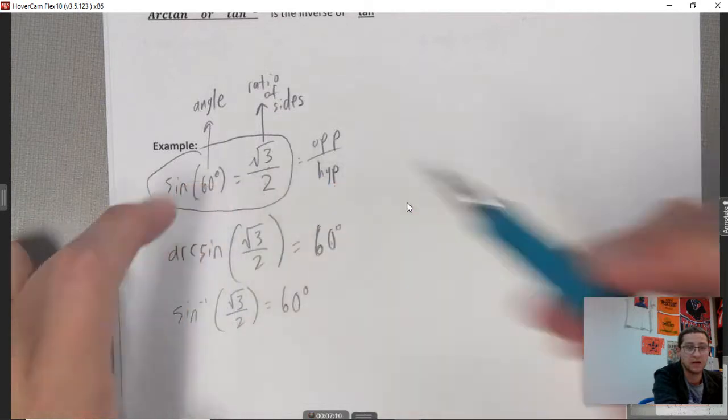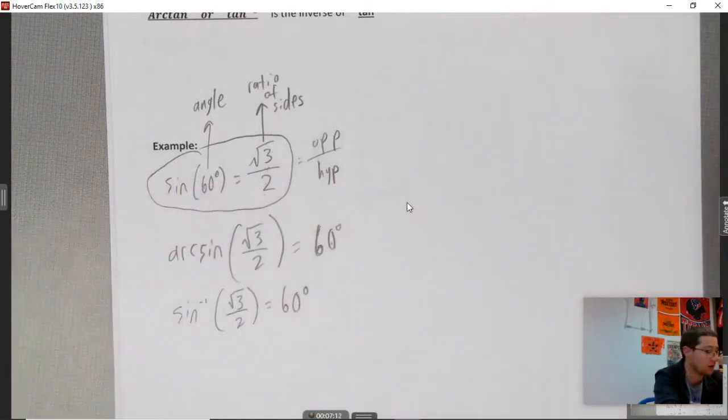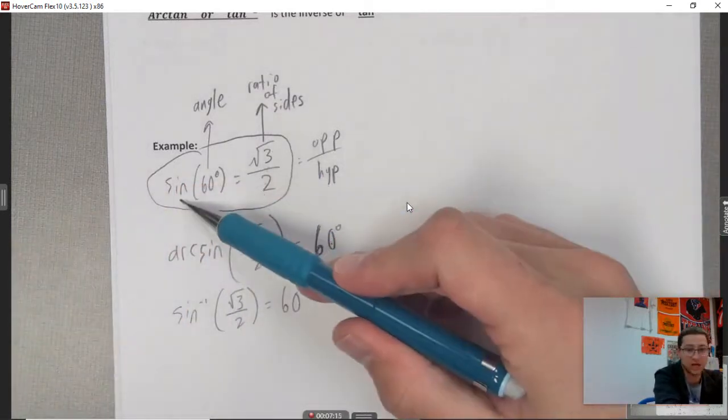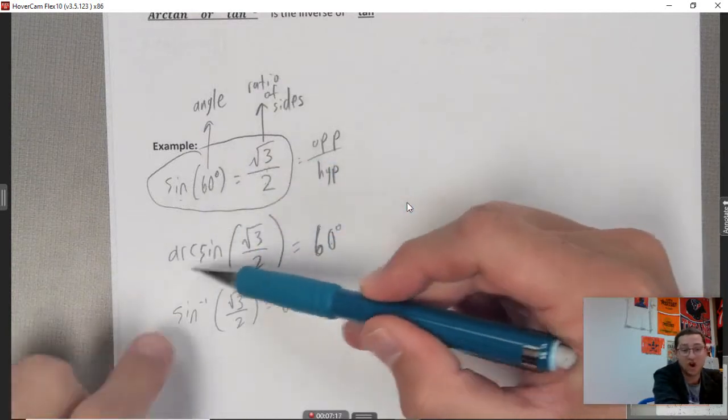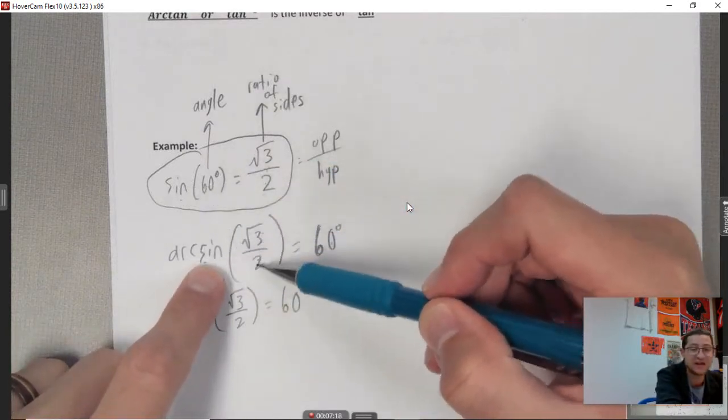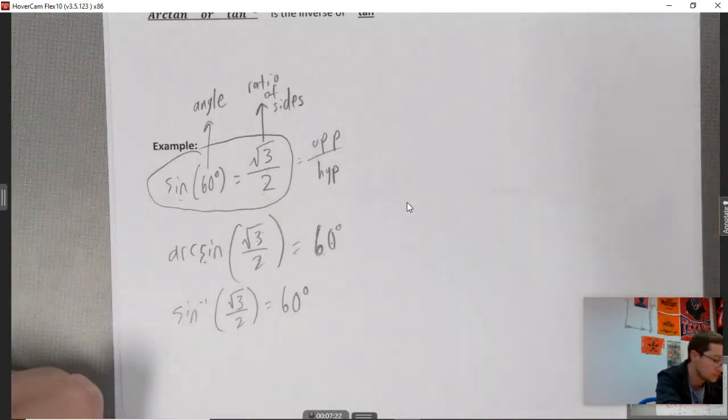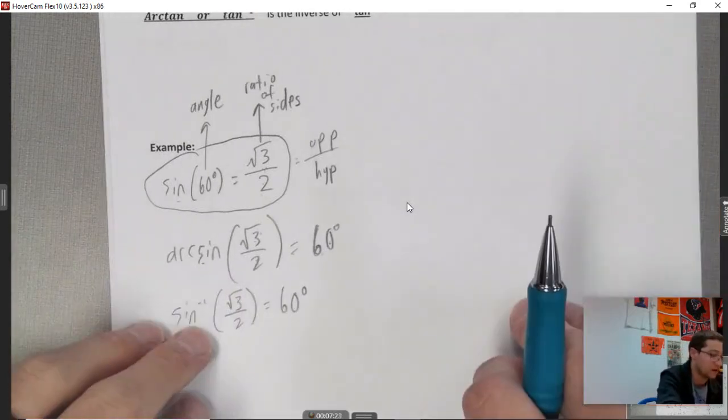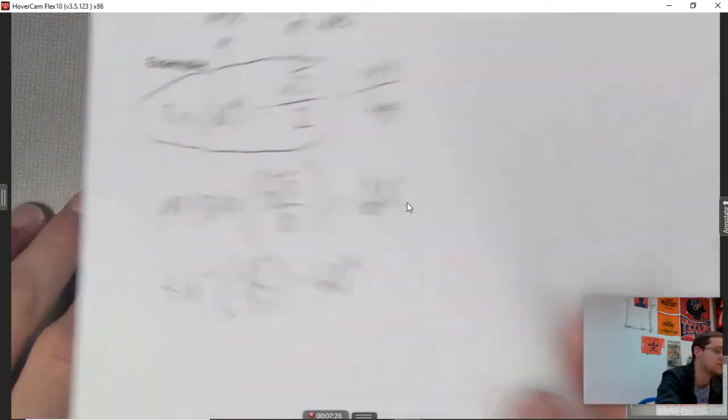What you're inputting for sine is an angle, and you're getting out a ratio of sides. With arc sine, you're inputting a ratio of sides and getting out an angle. Cool. Now, let's talk about the graphs.